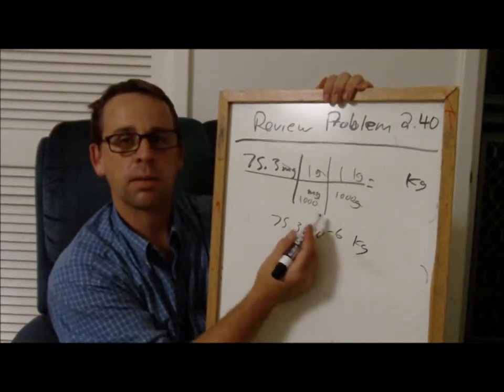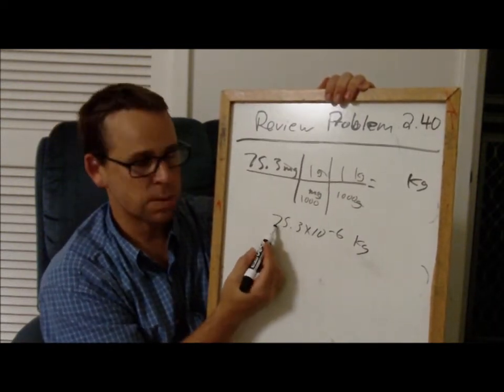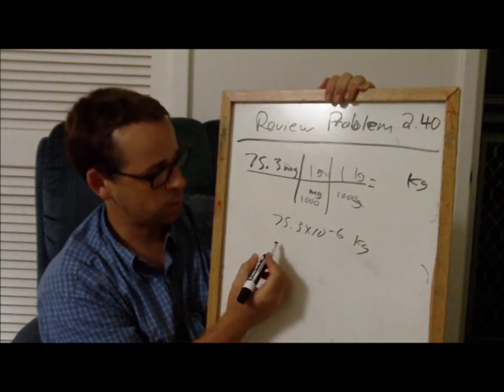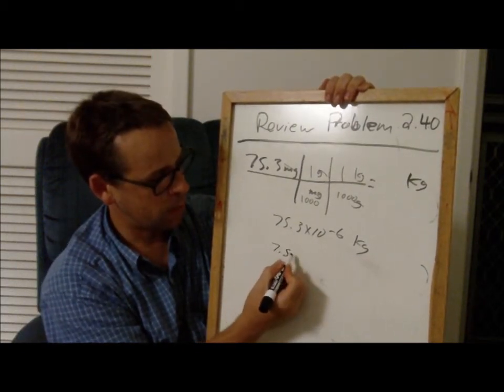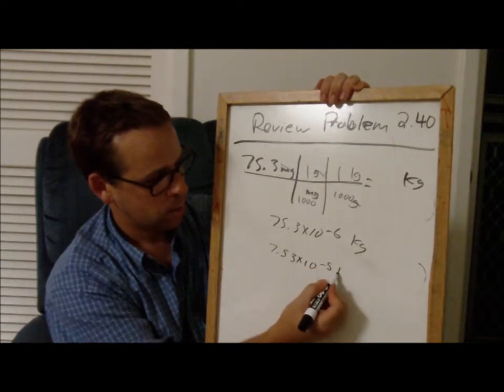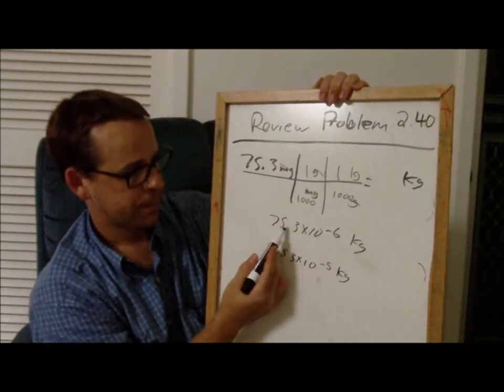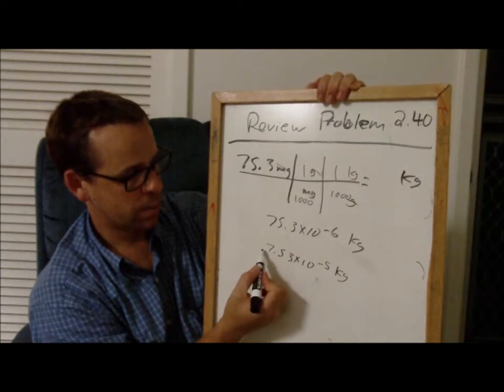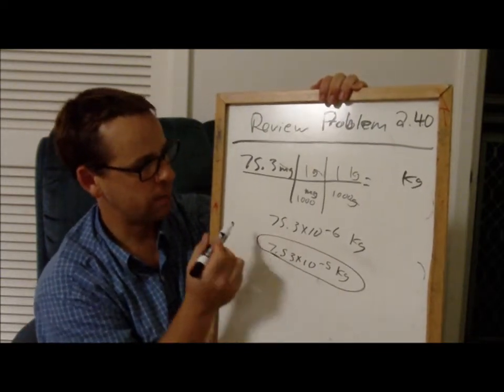This isn't quite scientific notation because this is not in between 1 and 10. It's 75.3. So we can go 7.53 times 10 to the minus 5 kilograms, right? All right, so 7.53 times 10 to the minus 5 kilograms.